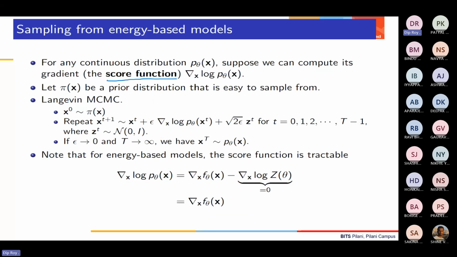Let's see which slide I was in. So this is the same thing. All right. So that brings us to the next sampling technique, which is called Langevin MCMC. Langevin MCMC is essentially also called the unadjusted Langevin dynamics.